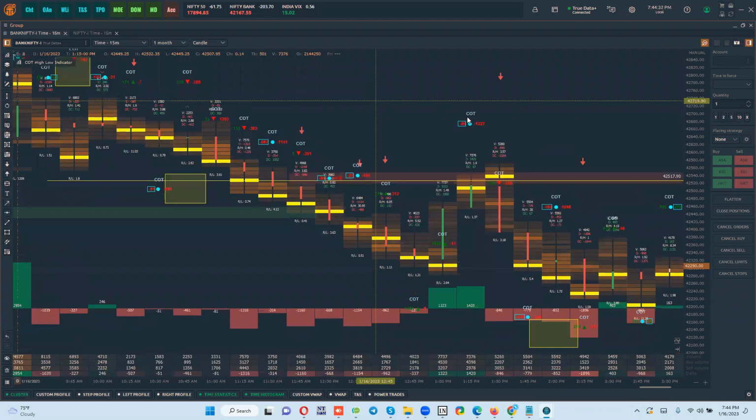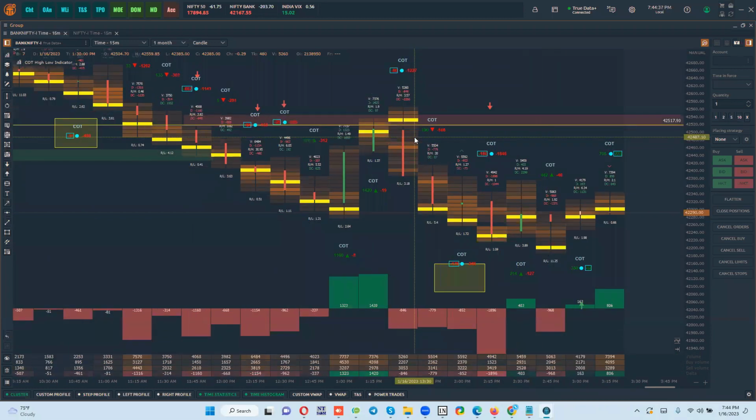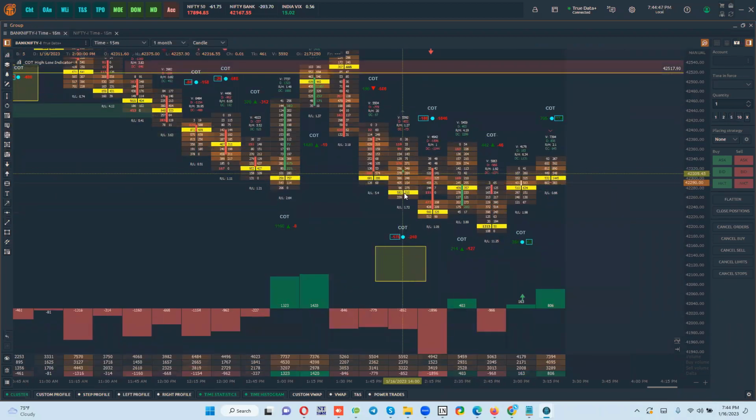2 p.m. candle. Okay, let me look at the 2 p.m. candle. I have a 15-minute interval. Yeah, so this is what I'm talking about. There were trapped sellers around this level because ideally what should have happened?